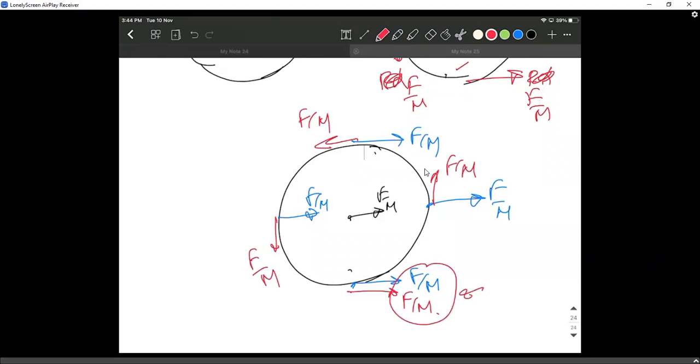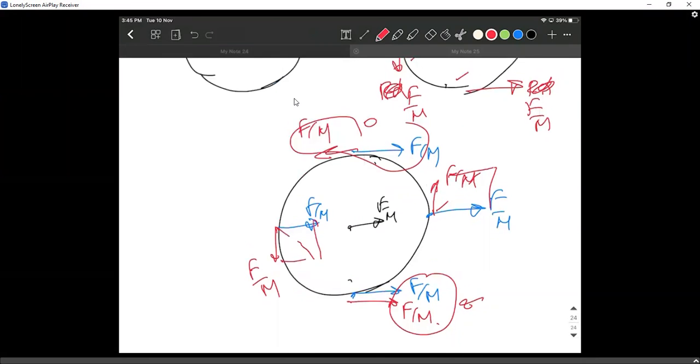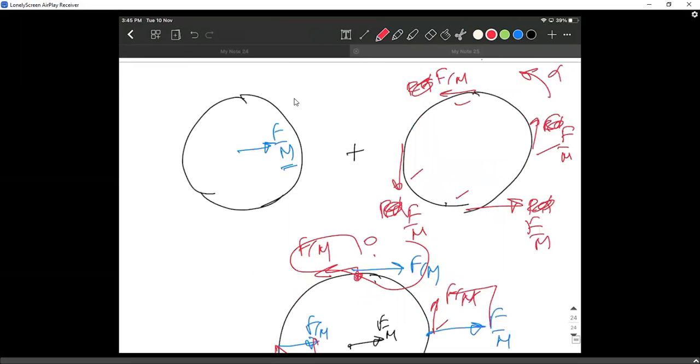These two get added and give a resultant. The acceleration of this point is zero. People already gave me the answer saying they're getting zero. I asked for the acceleration of the topmost point, so the answer is basically zero. I intentionally gave that value.